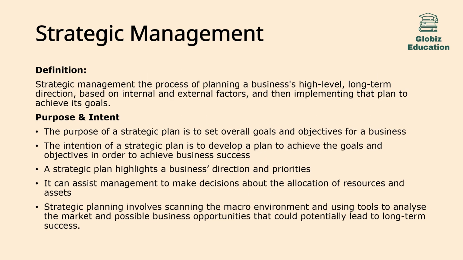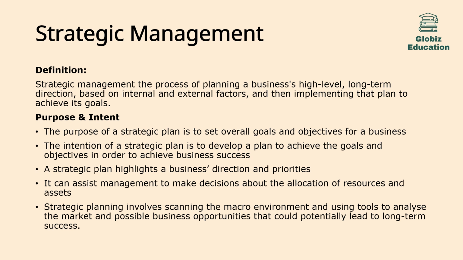So the first question which is often asked is about generally the purpose and intent of strategic management. It is a process which occurs every 3 to 5 years in a business, and it allows the business to take a step back and think about its goals and priorities for the next period of its operations.